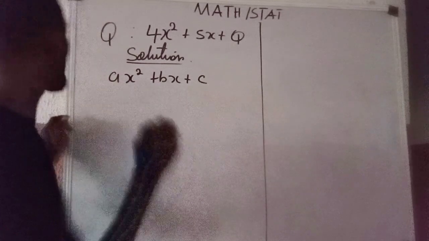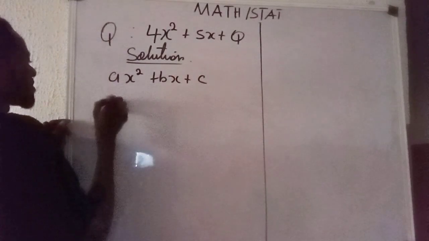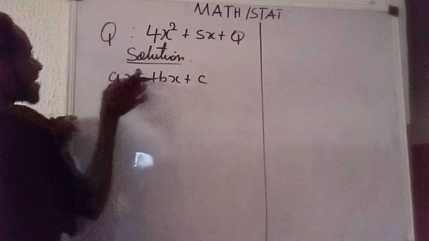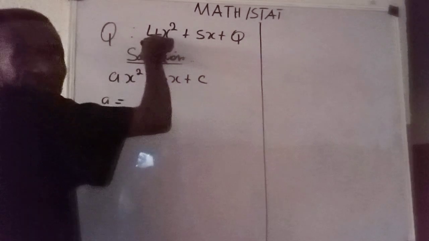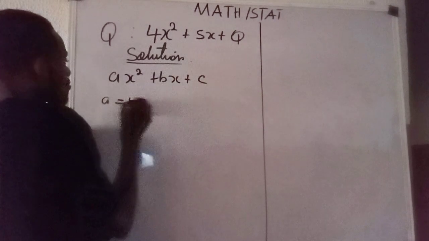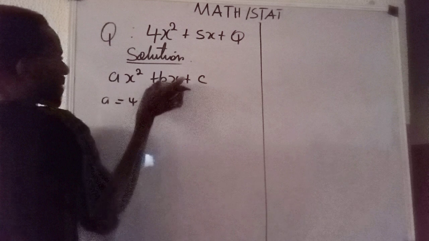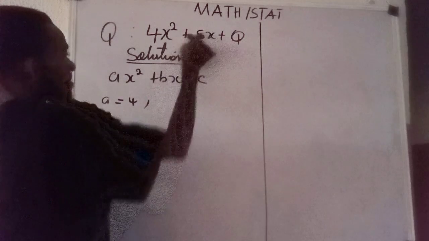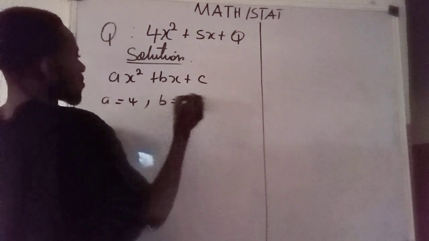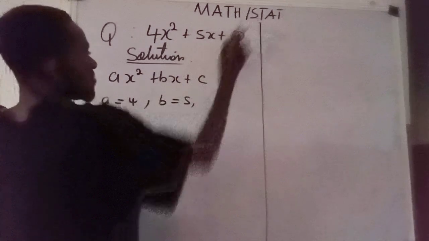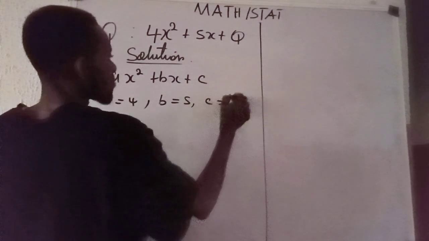Matching a with this, our a is 4. Matching b, our b is 5. And matching c, we find that our c is equal to Q.